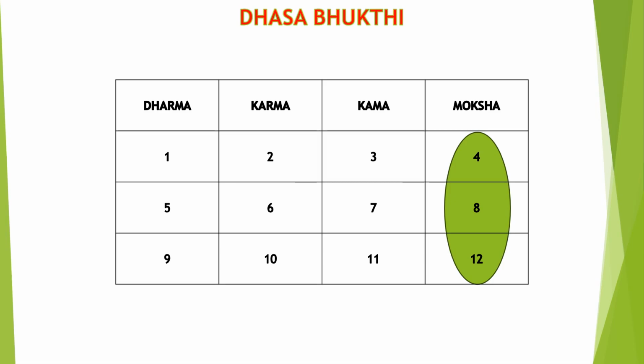For example, we can say that the Dasa Lord is in the sixth house and we are predicting for the marriage. Then for the marriage we should see the seventh house. So for the seventh house, the Dasha Lord is in the 12th house. So this will obstruct the marriage. So like this, we should consider for each bhava.